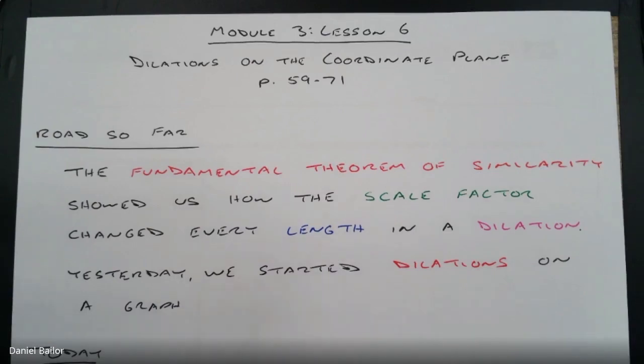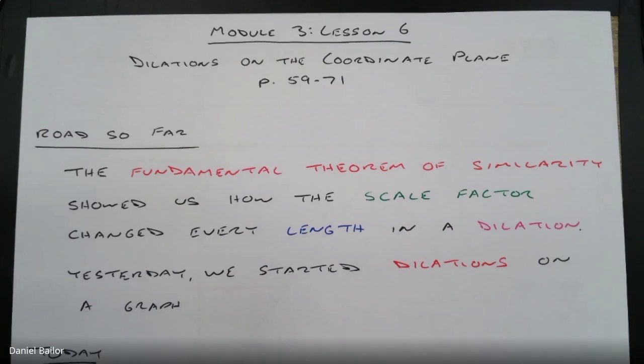And yesterday we also started dilating on a graph. We specifically dilated points on a graph. You moved points around. In fact, the first thing we're going to look at today after our notes is yesterday's exit ticket, and we're going to see how you dilated points. So yesterday we started dilations on a graph with just points.